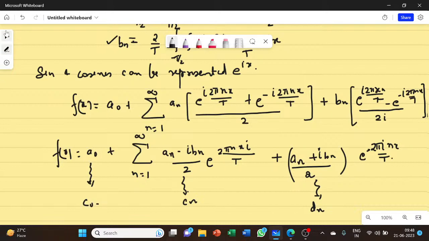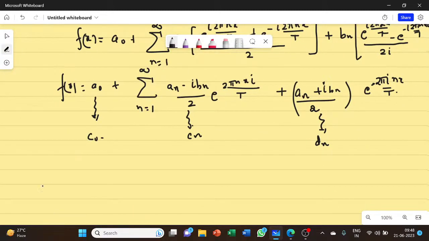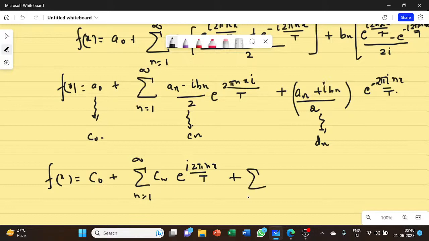So what will happen, you can write this entire thing up as f(x) as simply c naught, and then summation n equals 1 to infinity of c_n e to the power 2πnx iota upon T, plus summation n equals 1 to infinity of d_n e to the power of minus 2π iota nx upon T. Okay, this is how it is.